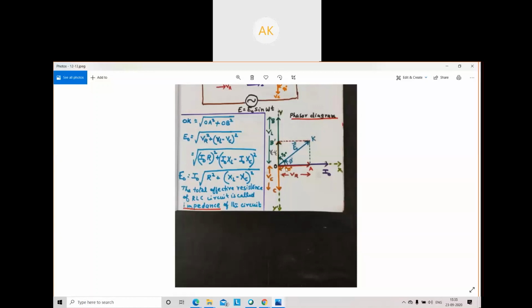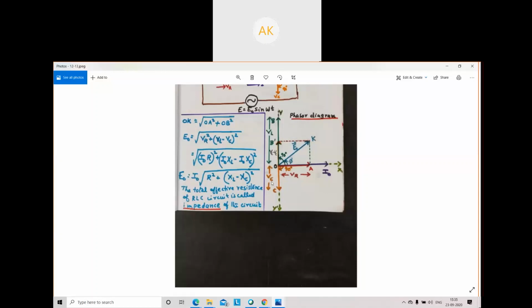And then the voltage across the inductor is VL = I0 XL. This is I0 R, and this is I0 XL. Suppose VL is greater than VC; we have taken that case.